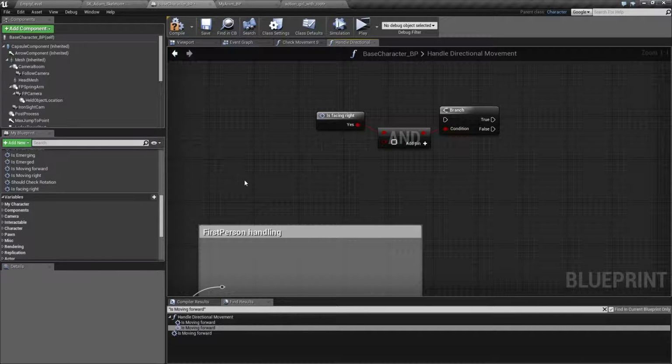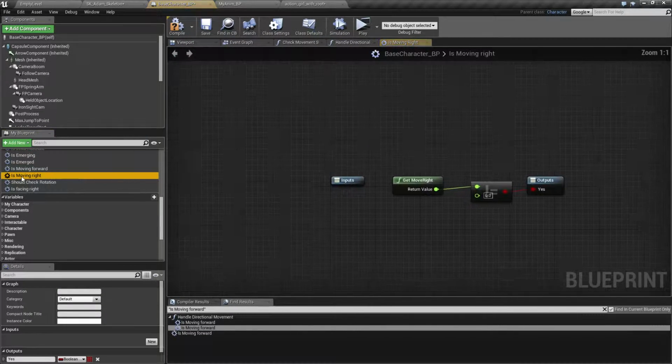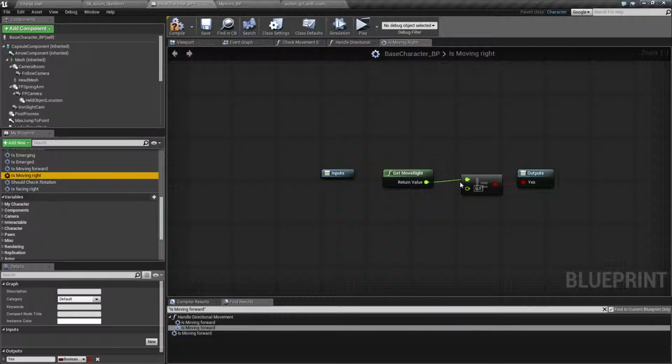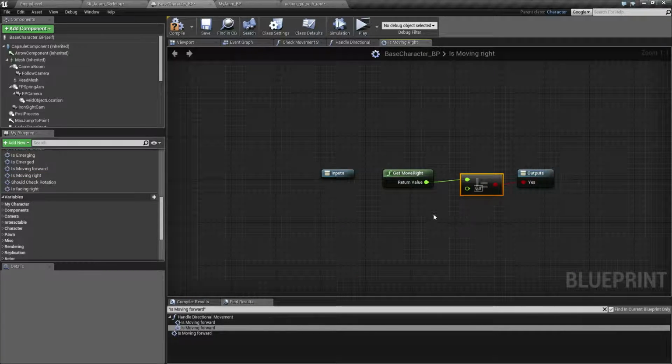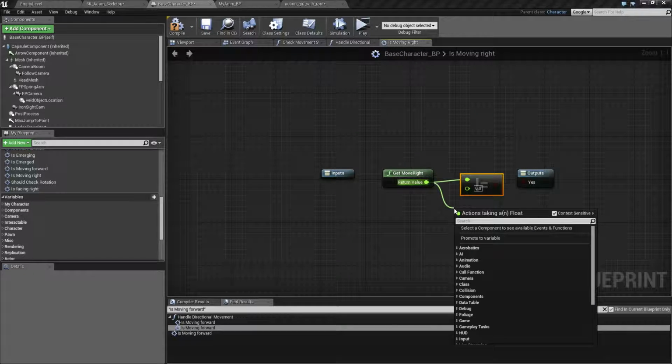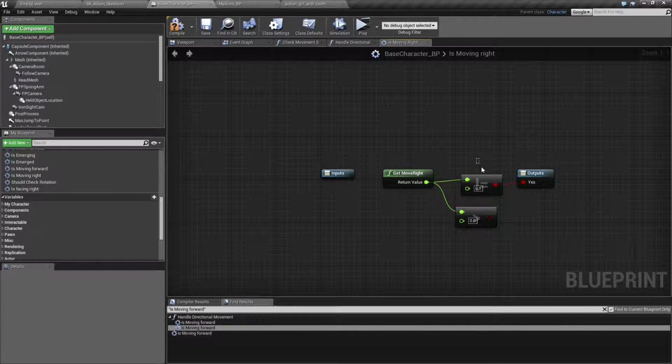So we want to have a function saying if we are moving left. We have one saying is moving right, which should, okay, this is wrong. One moment. Alright. Okay, this should have said something like greater than 0.